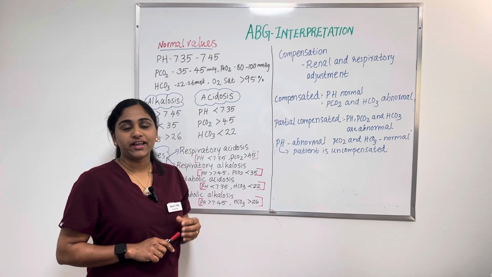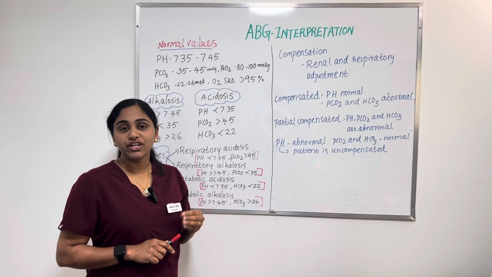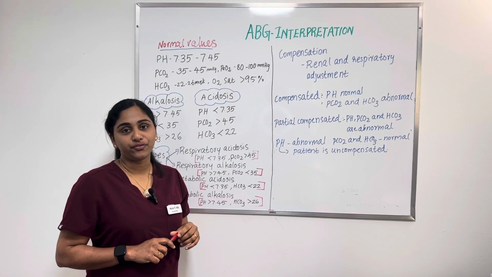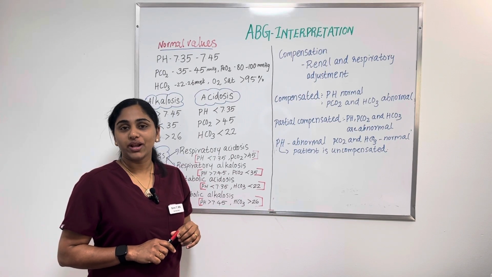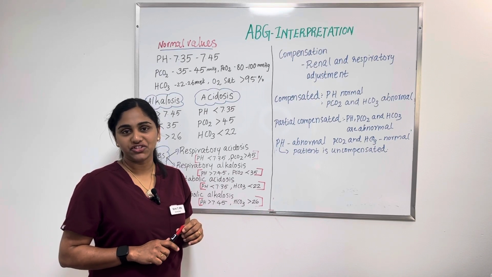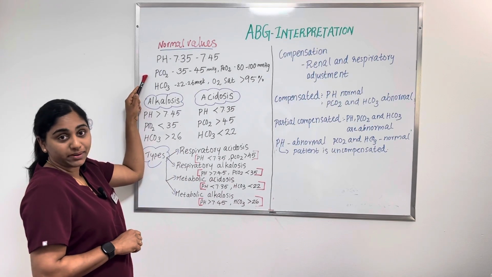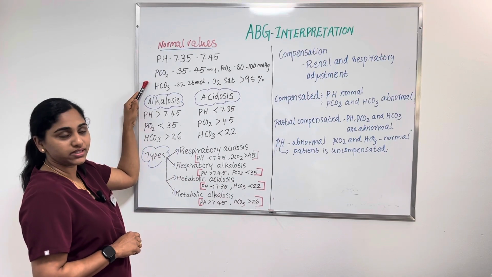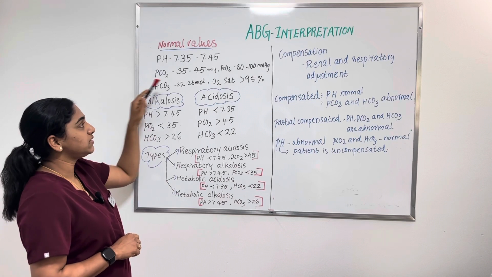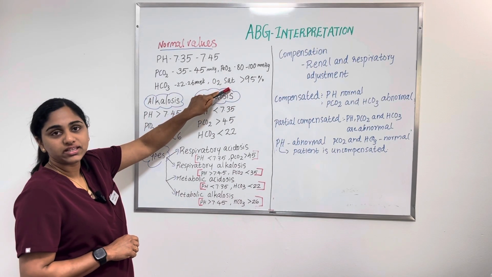First of all, for ABG interpretation, we should know the normal level of ABG values. So let us see the components and the normal values of ABG. In ABG, there is pH, carbon dioxide, bicarbonate, oxygen and oxygen saturation.